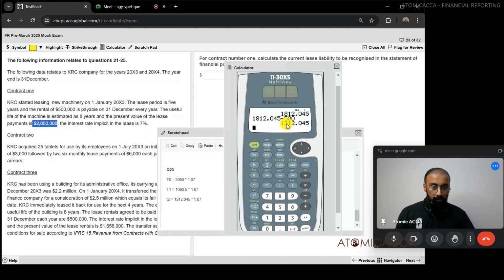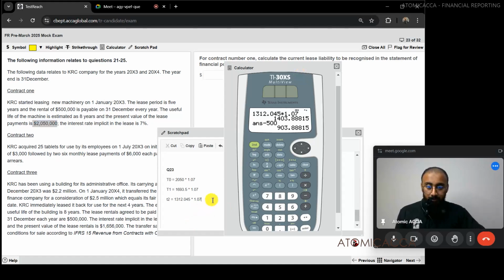That is 1403. Then minus out 500, I'll get 903.8815.